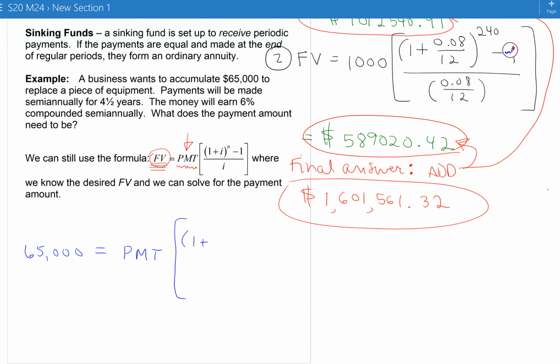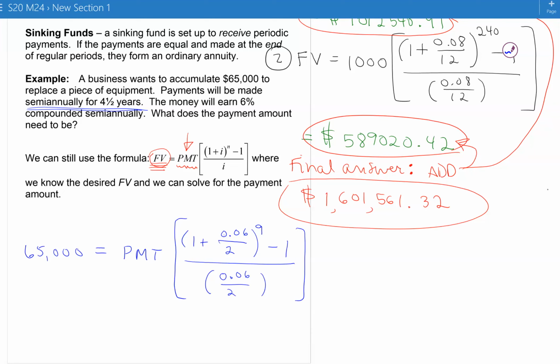So I'm going to fill in all my numbers. Interest rate of 6%, so that's 0.06 as a decimal. Semi-annually, so divide by 2. Semi-annually, twice a year for 4.5 years, that means I compound 9 times. Minus 1, and then always divide by the same interest rate.